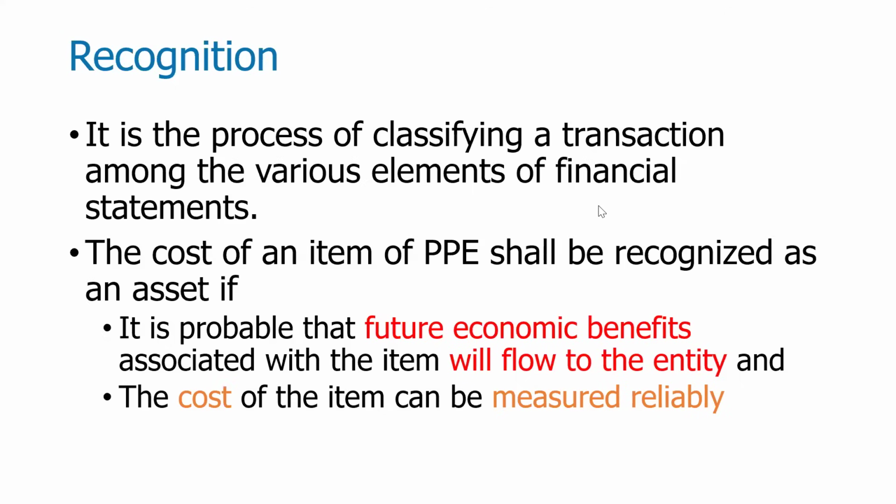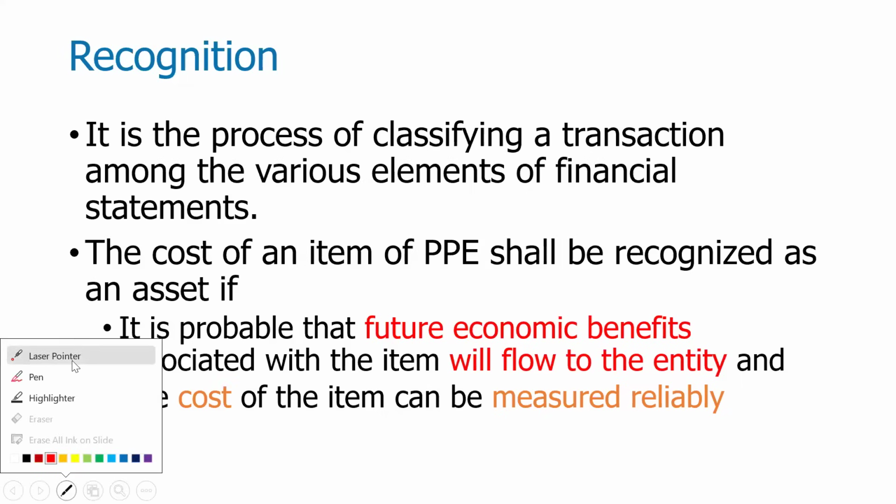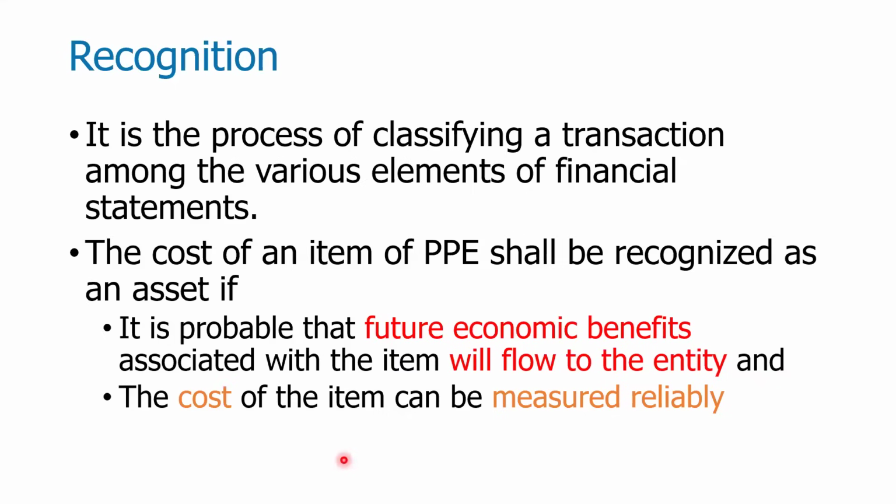If these three conditions exist, then we say that future economic benefits associated with the item of PPE are flowing to the entity. That's one. And again, if the cost of the item can be measured reliably. So these are the two circumstances under which an item can be recognized as PPE in the financial statements of a company.